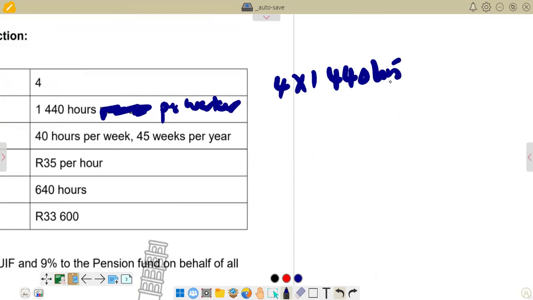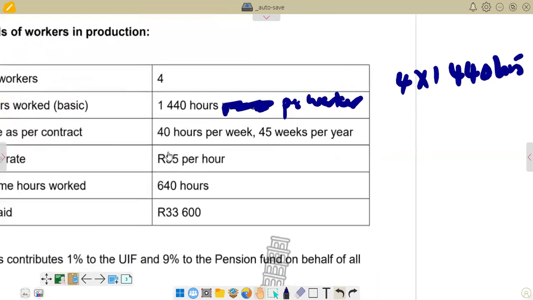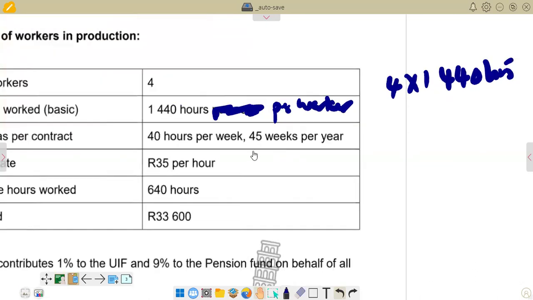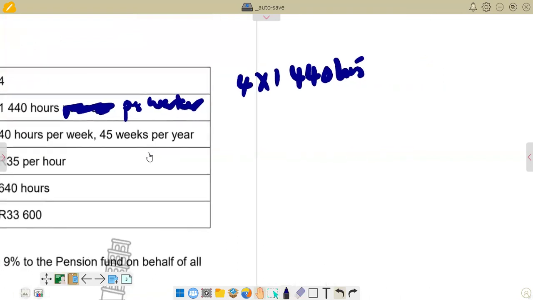We are going to get the total hours for all the 4 workers. When you calculate that, you also have to calculate with the rate per hour for normal hours, because remember, these 1,440 represent normal hours. The normal rate that we have is 35 rand per hour. So we're going to multiply by 35 rand so that we get the value. If you multiply by 35, you see that the answer you are supposed to get there is 201,600.